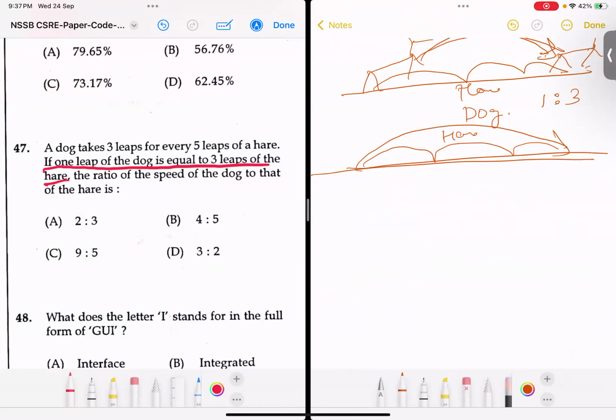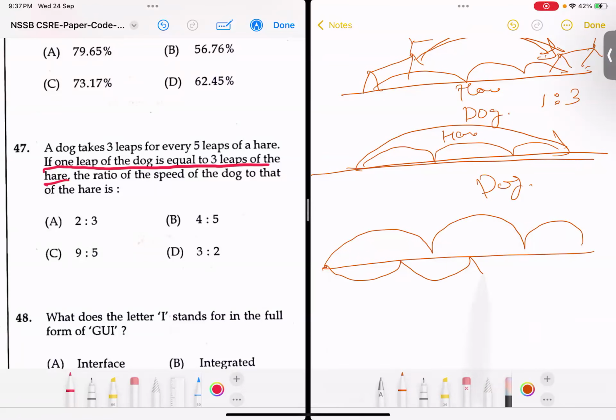Now the first statement says that every time, so the dog is taking 3 leaps, okay? This is the dog, it's taking 3 leaps. And the 3 leaps equals 5 leaps of a hare, okay? Which means another ratio is 3:5, okay?